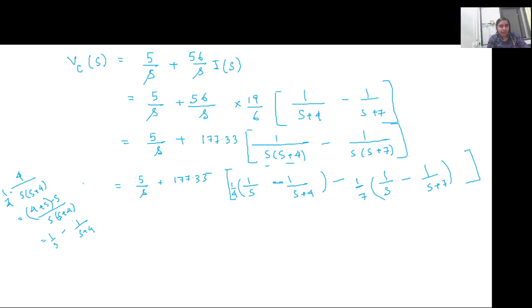So now we can take the inverse Laplace transform because everything is in a form where we can take it.